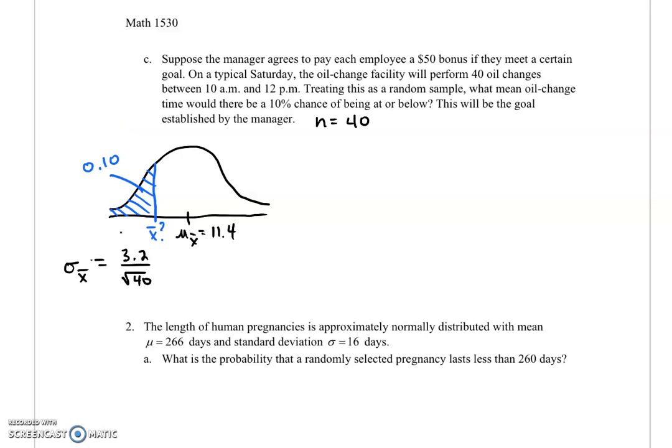So remember, when we know the area and we want to find the value that's the boundary, we use inverse norm. And remember, it takes area to the left of what we're looking for, which is 0.10, the mean, which is 11.4, and a standard deviation. But remember, we have a sampling distribution, so for our standard deviation, we use the standard error for the mean.